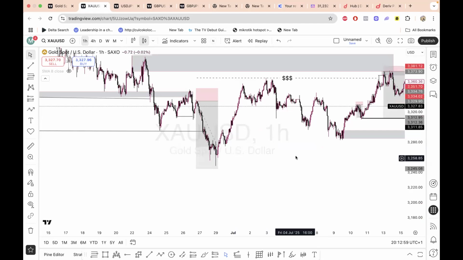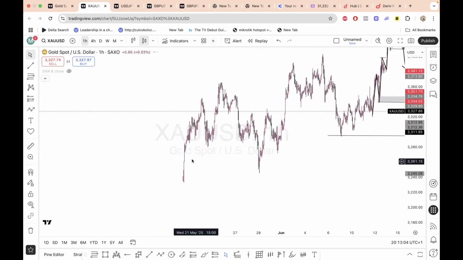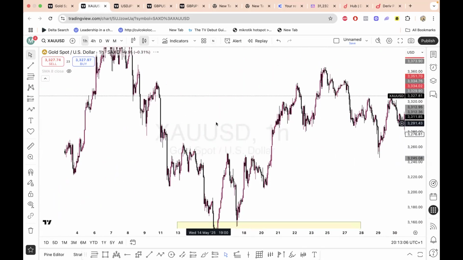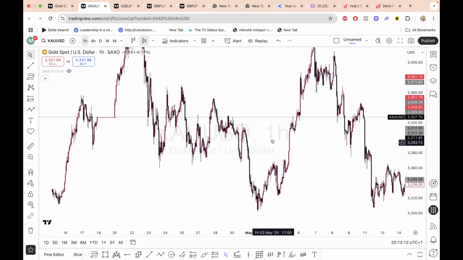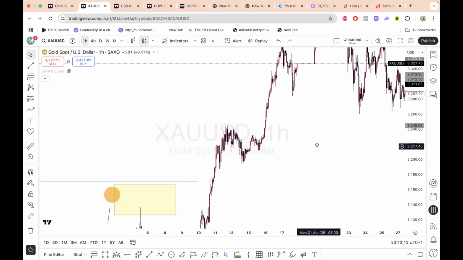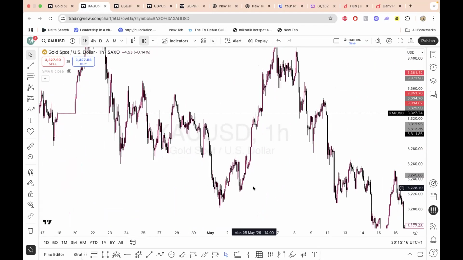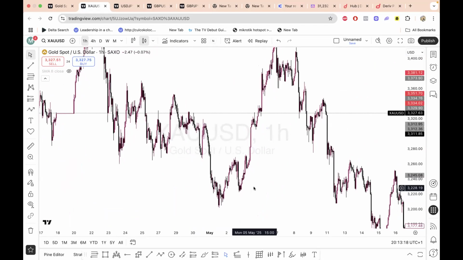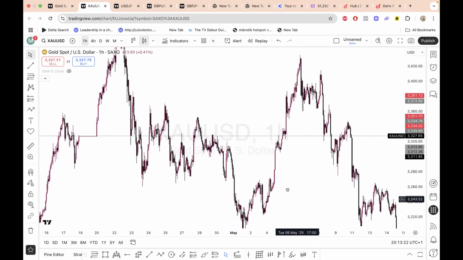Now let me look for a buy. Let's see. I want to see a sell that turned to a buy. This is a good sell, turned to a buy.